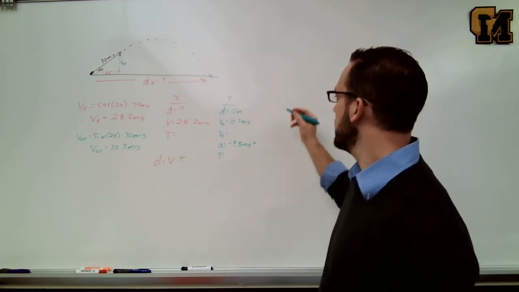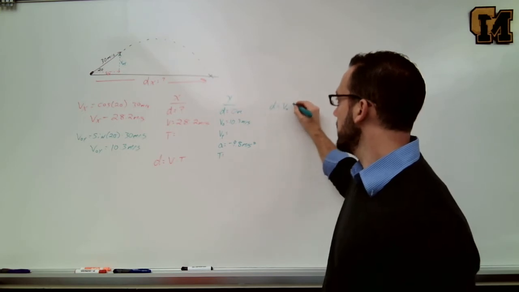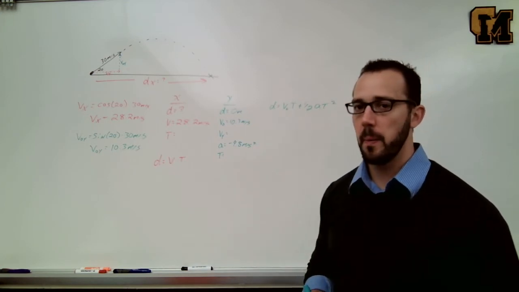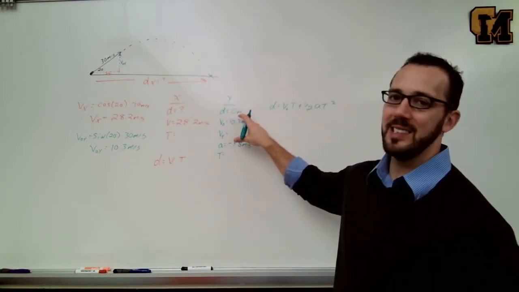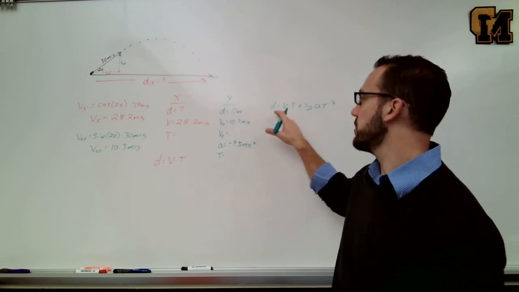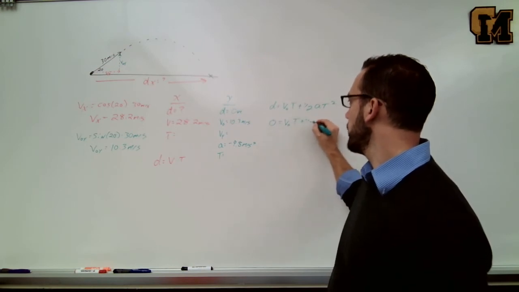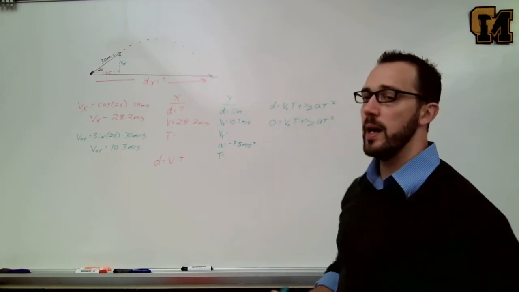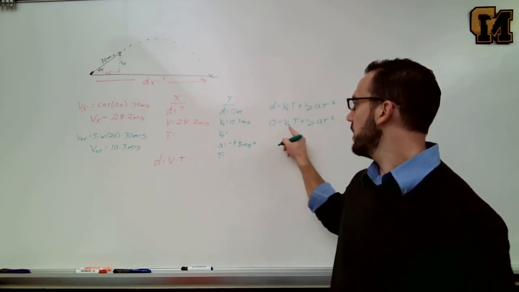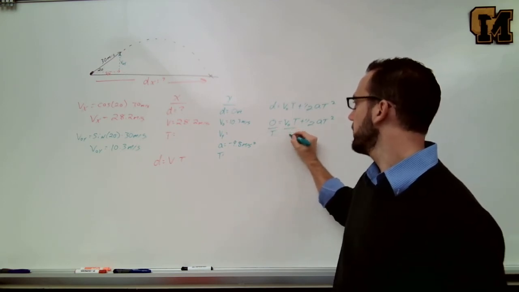So in the y direction, I'm going to pick the equation without vf in it. That's d equals v naught t plus 1/2 a t squared. I'm actually going to plug in the 0 for d because that's going to simplify my math. I don't have to use the quadratic formula on this problem because 0 equals v naught t plus 1/2 a t squared. And now what I'm able to do is divide every term, the 0, the v naught t, and the 1/2 a t squared, by time.